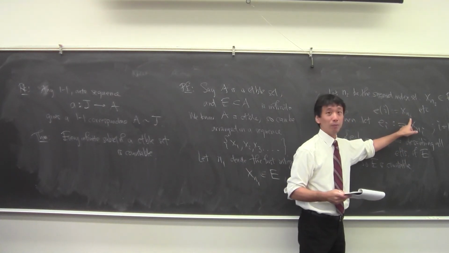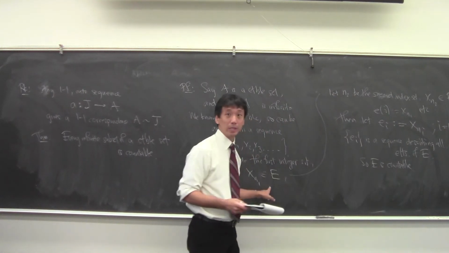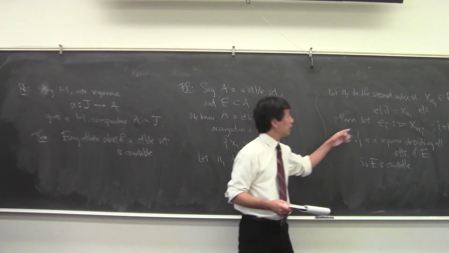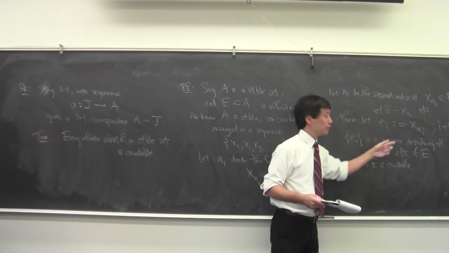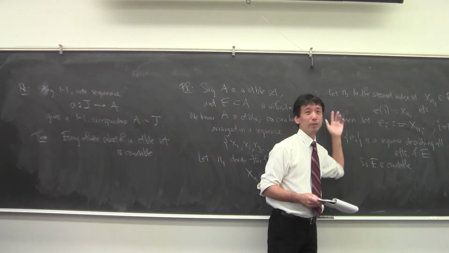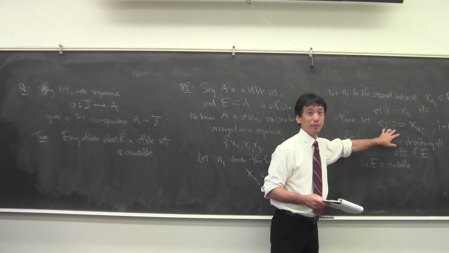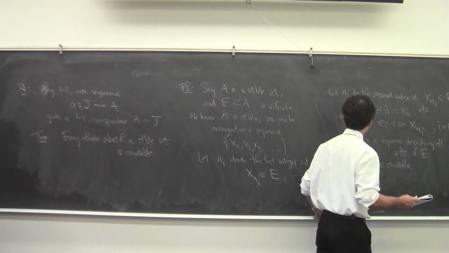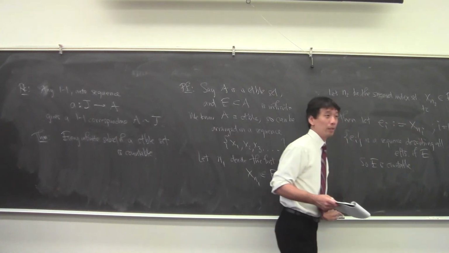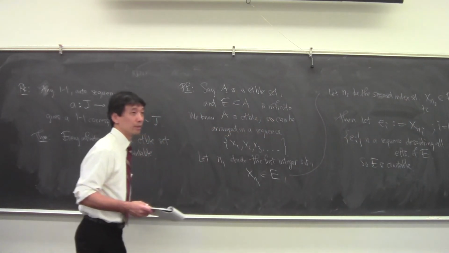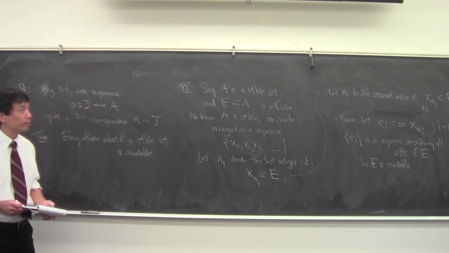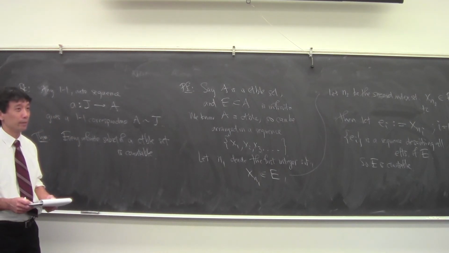E1 is x of n sub 1, which was the first guy in E. E2 is x of n sub 2, which is the second guy in E, and so on and so forth. So this is the function. So Professor, is it fair to say that because we put the elements of E into a sequence, we found a one-to-one correspondence between the natural numbers and E? Yeah, exactly, which is why we can say it's countable.